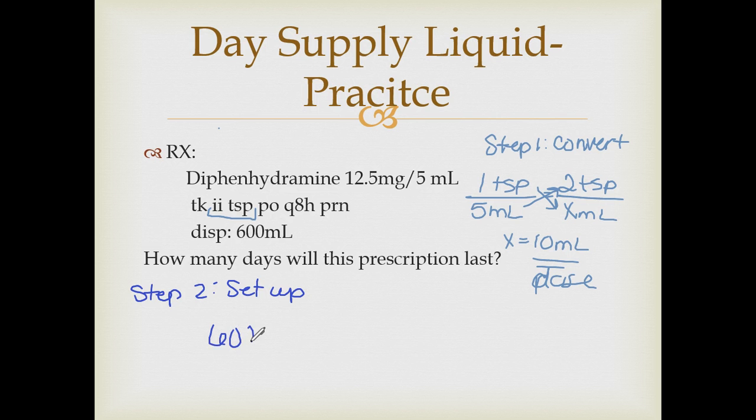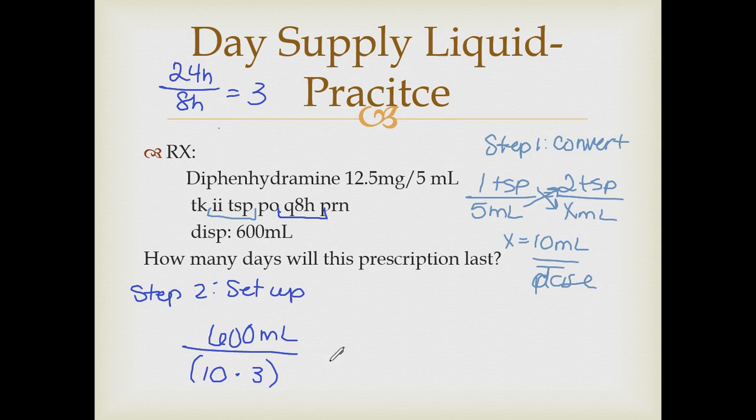I have a quantity dispensed of 600 mLs over my dose, which is 10, times my frequency. Now my frequency is every 8 hours. That is not 8 times a day. If I have a 24-hour time period over my 8-hour time span, 24 divided by 8 is 3. So that's 3 times a day. So I essentially have 600 divided by 30, which gives me a 20-day supply.